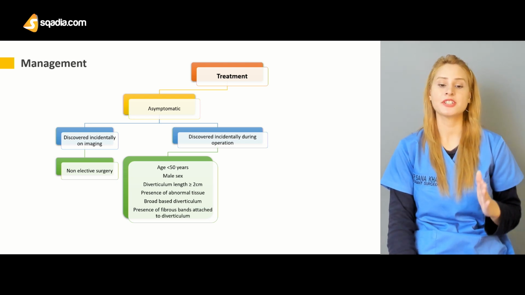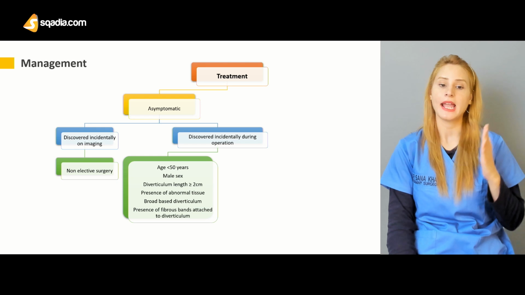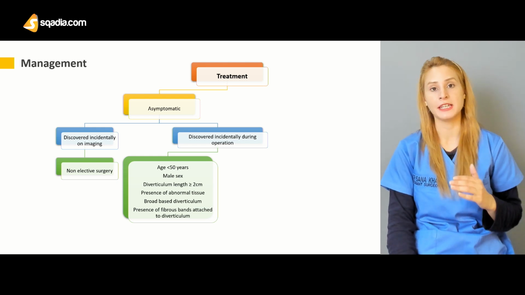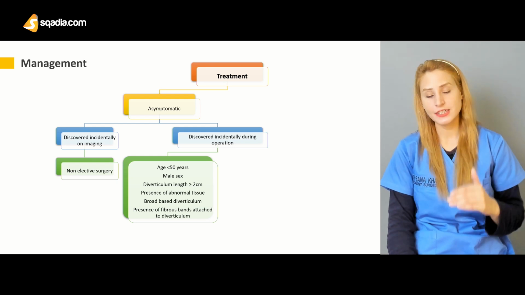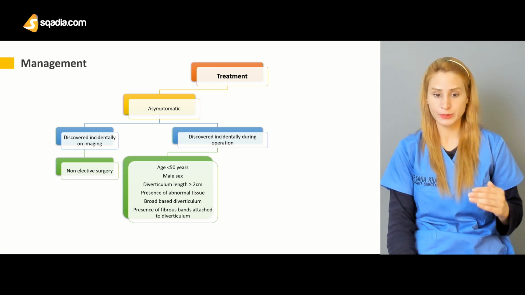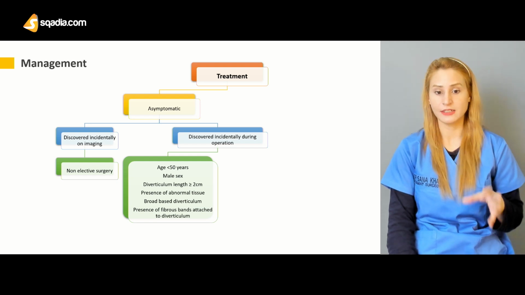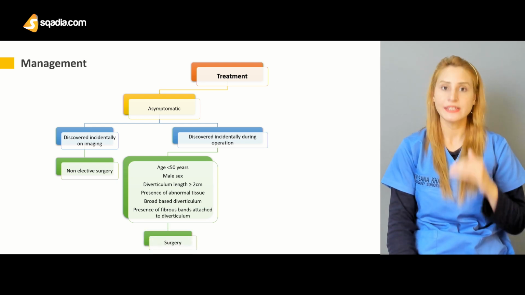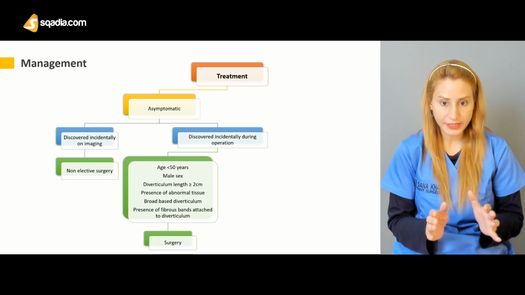If the age of the patient is less than 50 years, the gender is male, the diverticulum length is greater than or equal to 2 centimeters, and there is presence of abnormal tissue, a broad-based diverticulum, or a fibrous band attached to the diverticulum, then you go for surgery. Okay, so remember this.